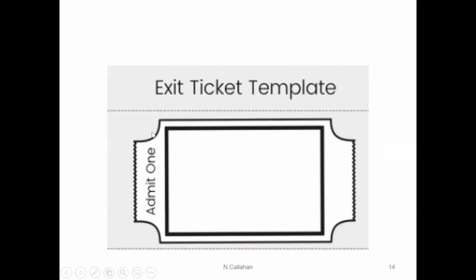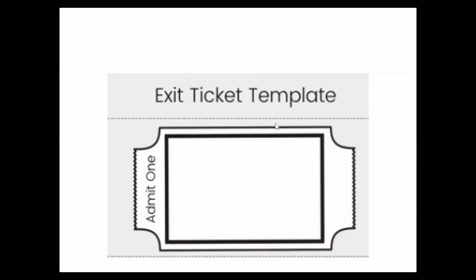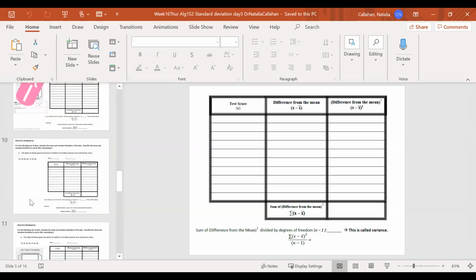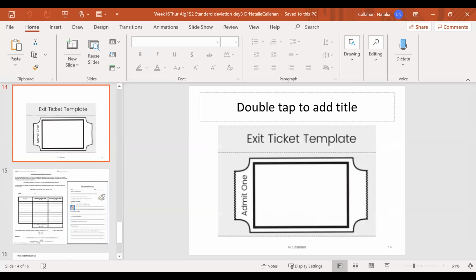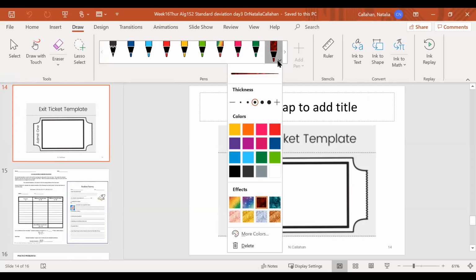Okay, lastly is your exit ticket. And your exit ticket is going to be, I haven't created it yet, so give me 1 second.